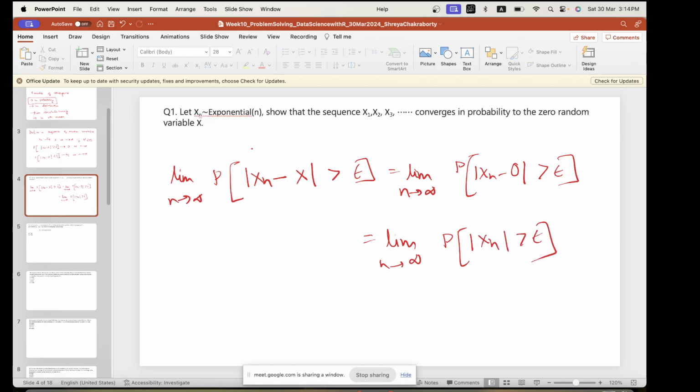Now since Xn's are all exponential, how does the exponential density look like?